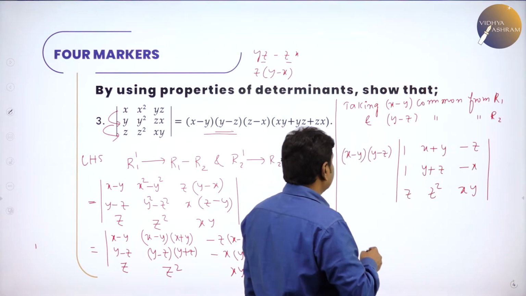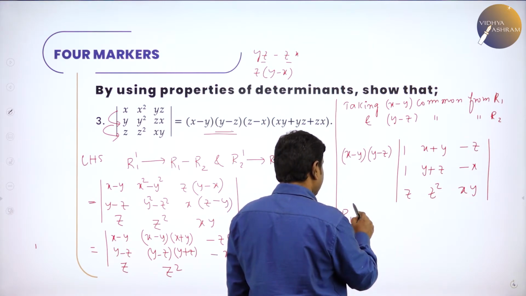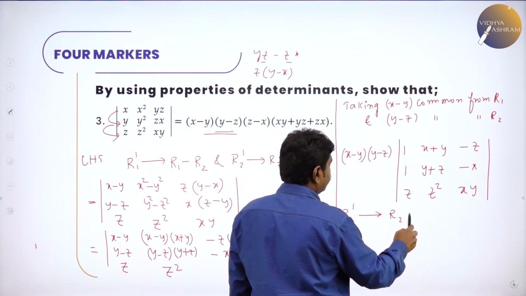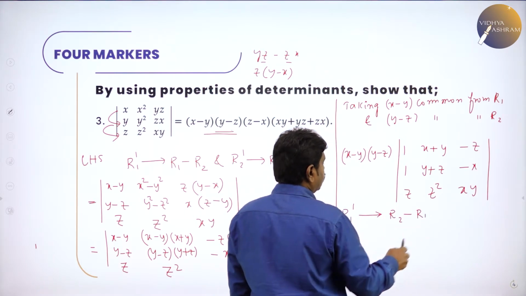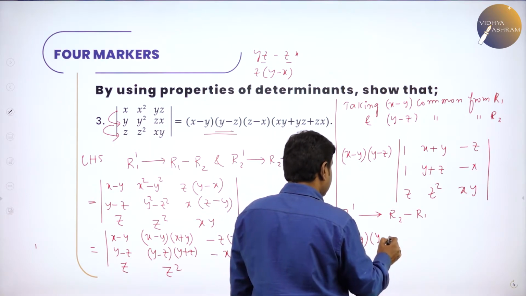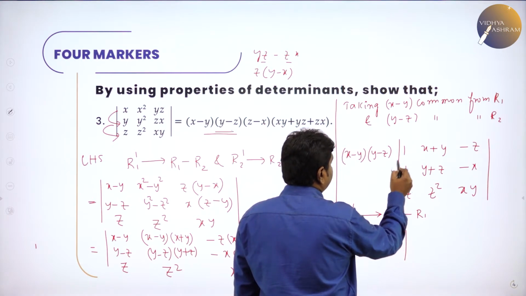So what I will do, R1 dash implies R2 minus R1. R2 minus R1, then I will have x minus y, y minus z, and so I have to subtract this minus z.